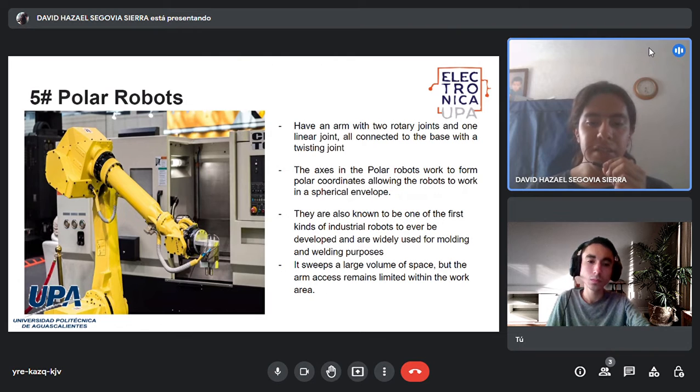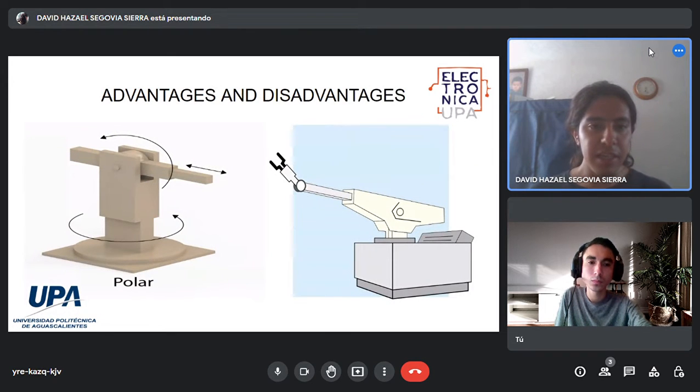Also, they are known to be one of the first kinds of industrial robots ever developed and are widely used for molding and welding purposes. And the last characteristic is that it sweeps a large volume of space, but the arm access remains limited within the work area.